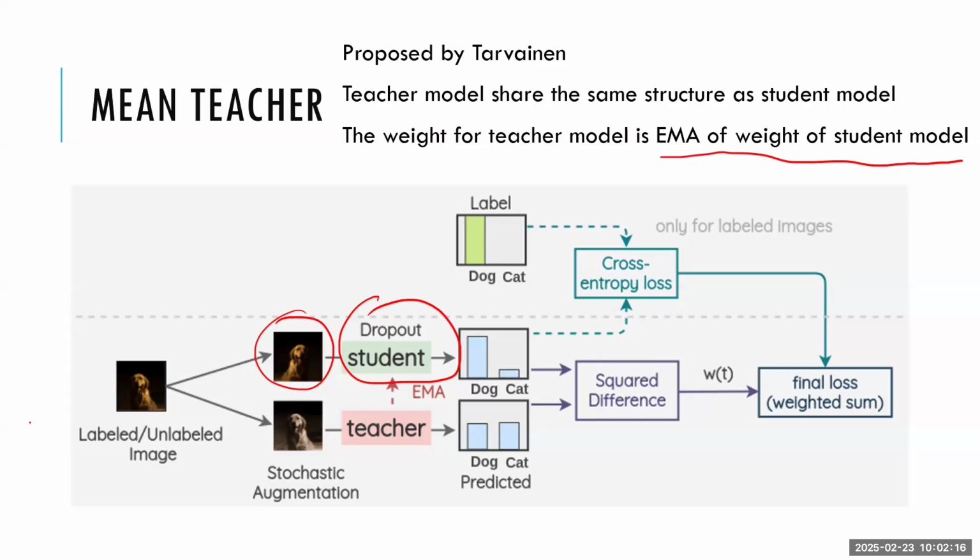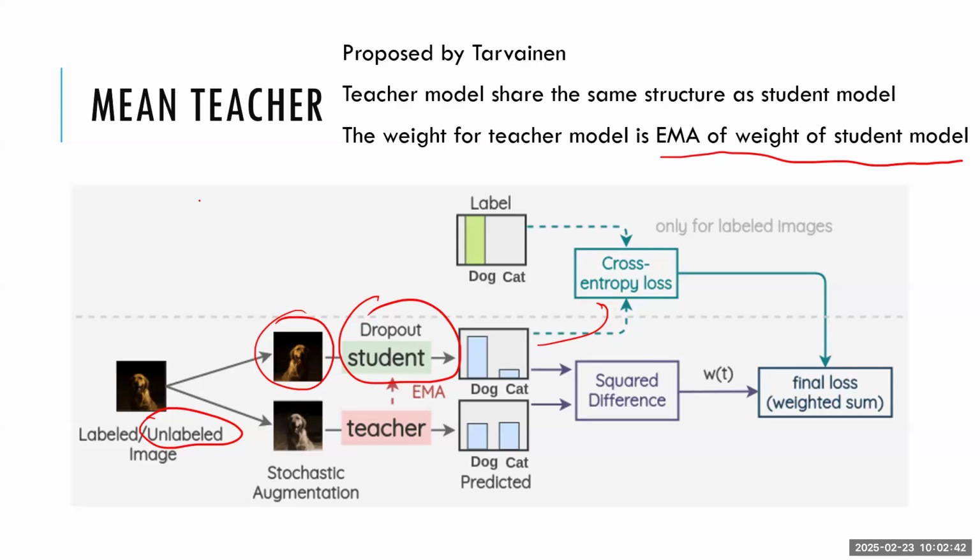And if we use the label data, we compare it with the ground truth. So that is the same. But if you have the unlabeled data, instead of comparing it with the student of the previous iteration, we will compare it with the result from the teacher. And the teacher is the EMA of the student, right?